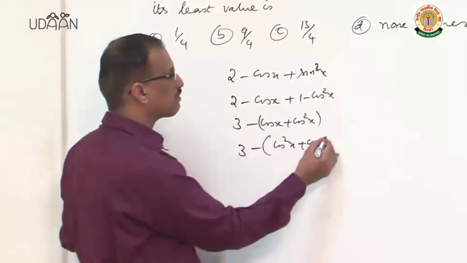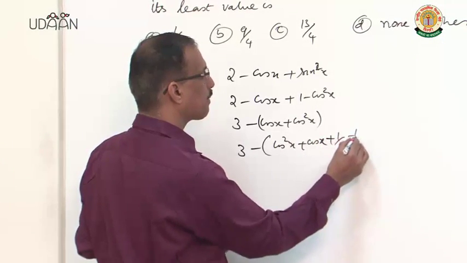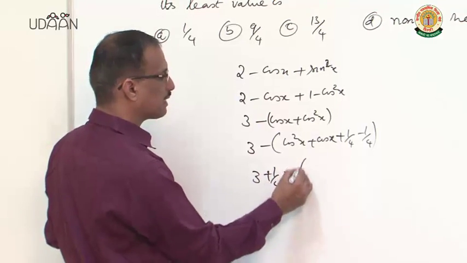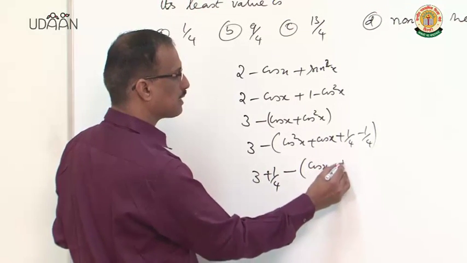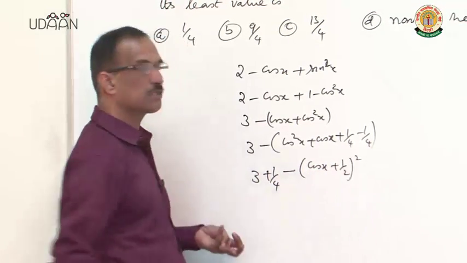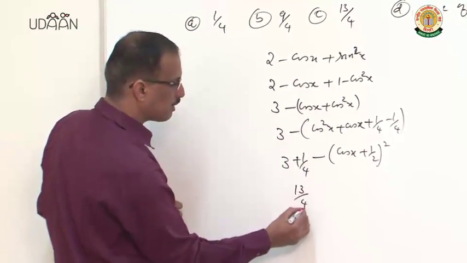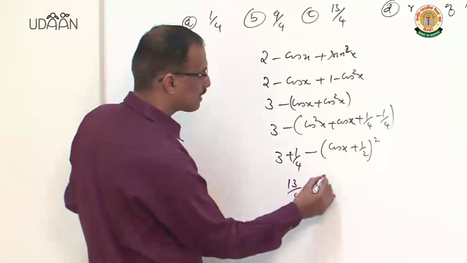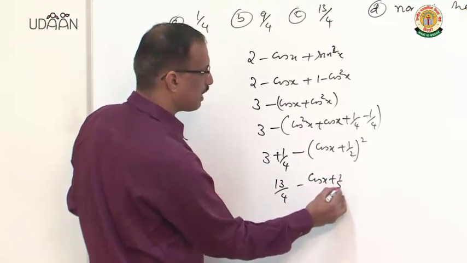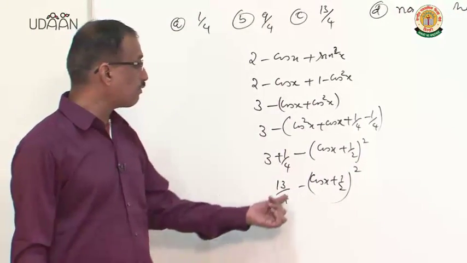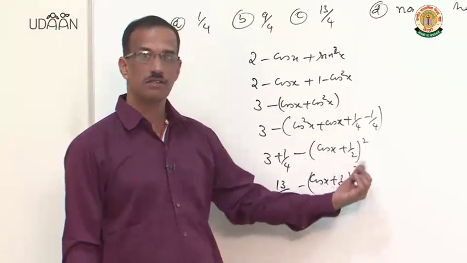Add and subtract 1 by 4: 3 plus 1 by 4 minus of cos x plus half the whole square. Or you get here 13 by 4 minus cos x plus half the whole square.